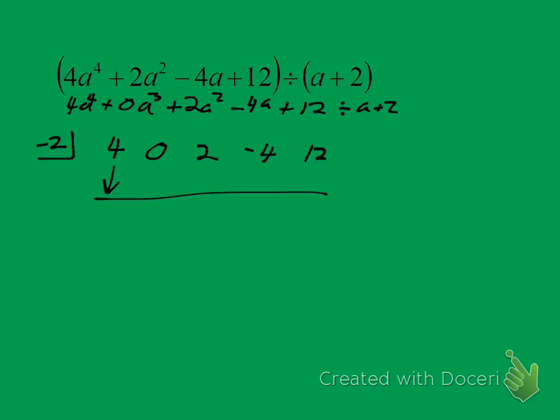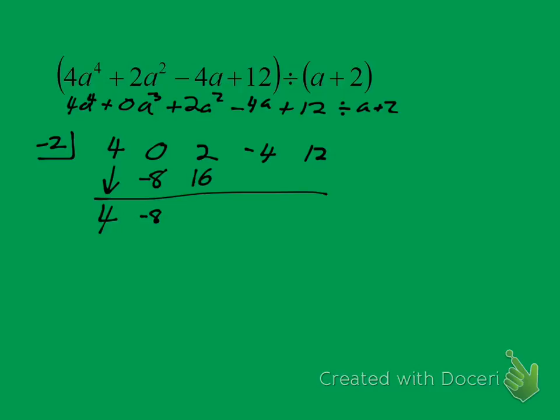The process, though, is the same. That never changes. Okay, bring the 4 down, multiply it by -2 to give you -8. Add it to 0, you get -8. Multiply by -2, you get 16.